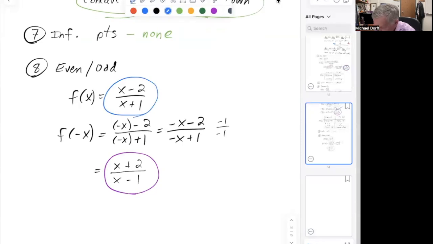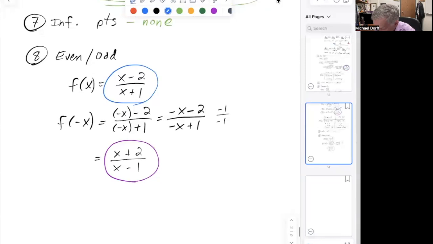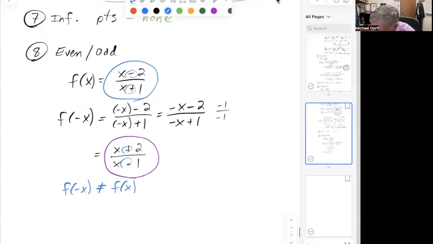And how does this compare to my original function? Is it the same? Well, no. So f of negative x does not equal the original function because the signs here are different than what I get here. How about if I did, does f of negative x equal negative f of x? The answer is no, it doesn't.